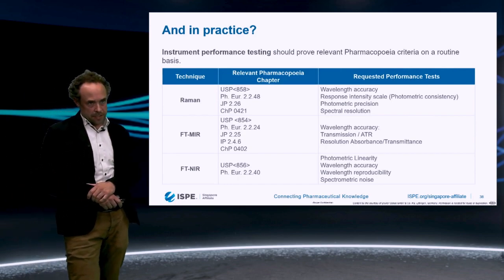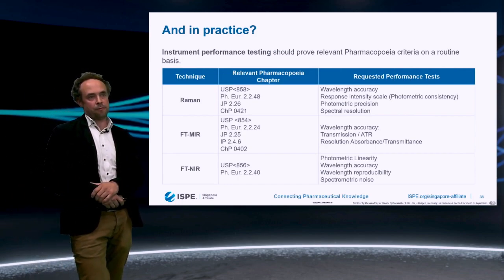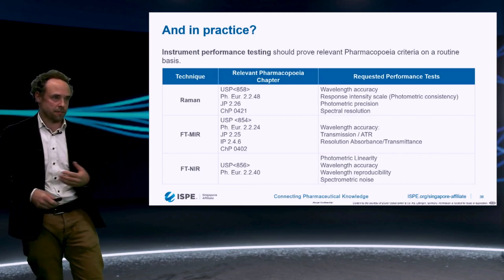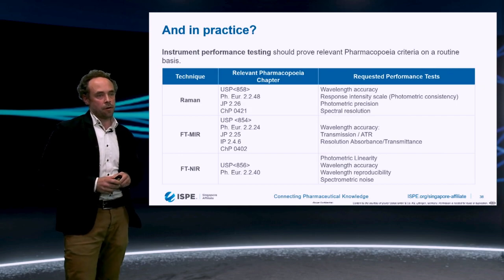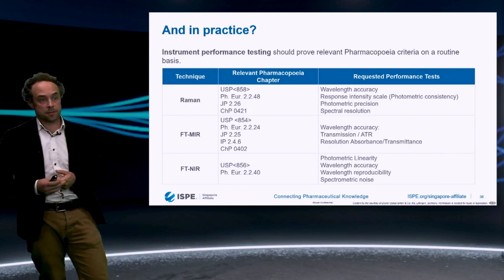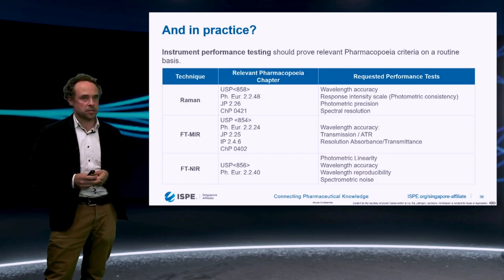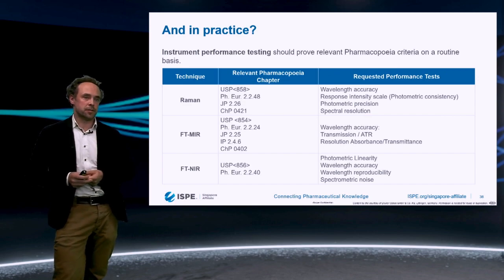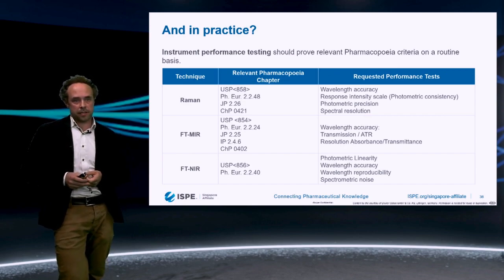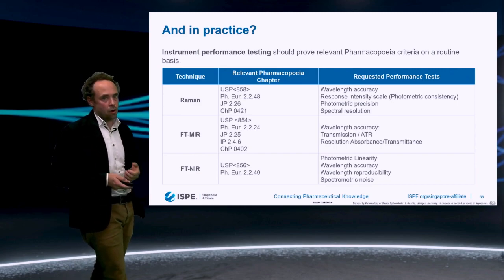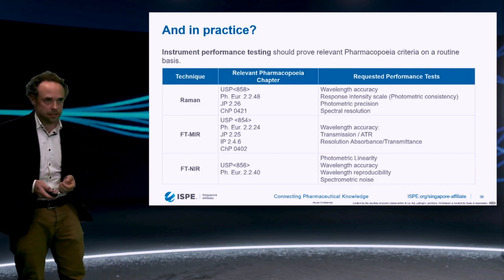And in practice, for example, let's say the performance qualification of a device should be always verified in routine. For our vibrational spectroscopy techniques like Raman, mid-infrared spectroscopy, near-infrared spectroscopy, there are several relevant pharmacopoeia chapters which specify performance criteria which really need to be tested and assessed on a routine basis.